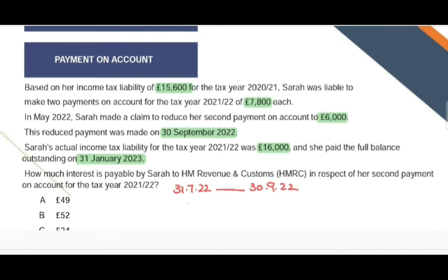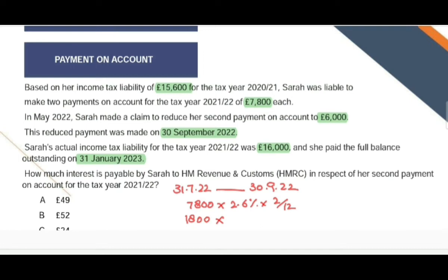For this period, she has to pay interest on the whole amount of 7,800, at 2.6% interest for the 2 months period. Then on 30th September, she paid 6,000. In fact, she has to pay 7,800.